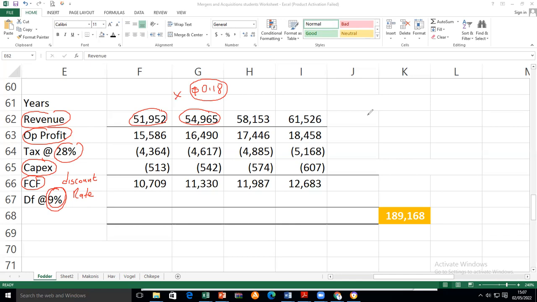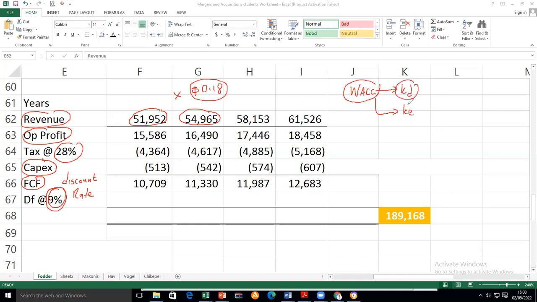Number one, these are free cash flow to firm. So the discount rate that you are looking for is the WACC. The discount rate appropriate to this situation is the WACC. And you know that to calculate the WACC, you need the cost of debt and the cost of equity.